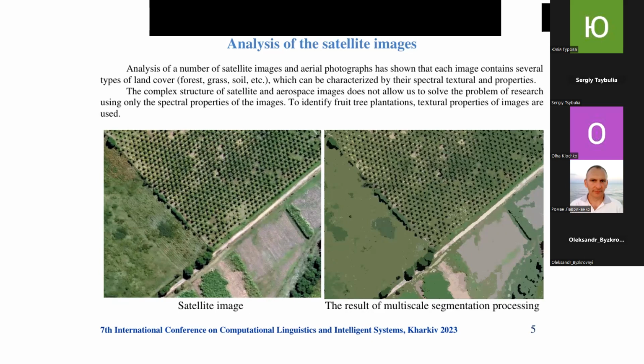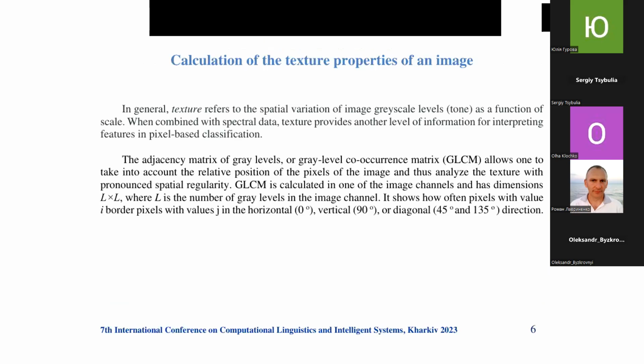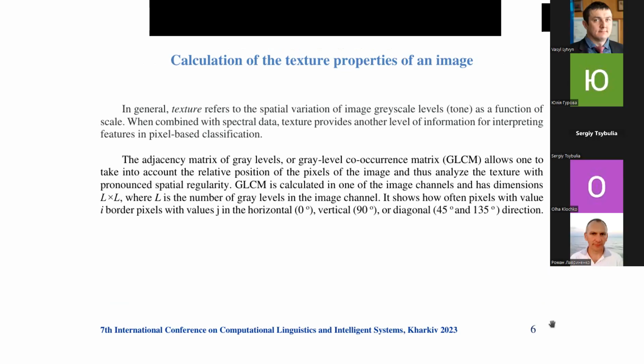In this example, we processed the satellite image by the multi-resolution segmentation method on the basis of its spectral properties, but to identify uniform textures on the image, we used adjacency symmetry, so-called high-level co-occurrence matrices.